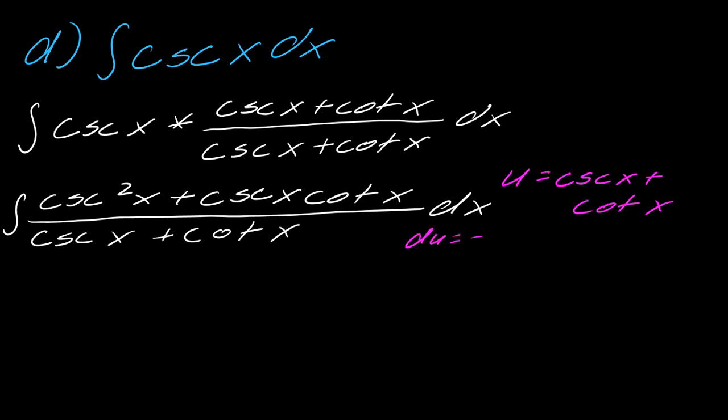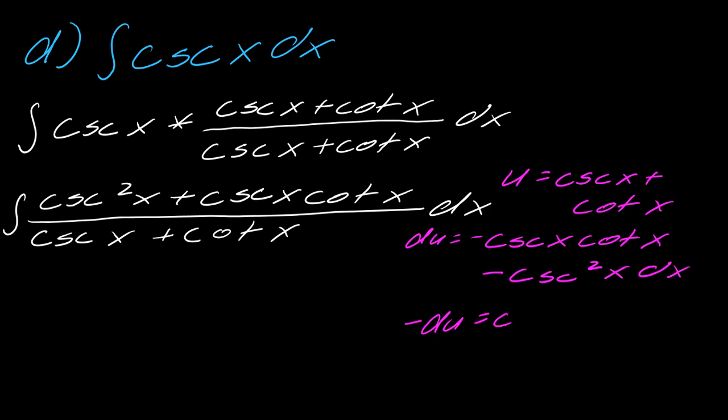So du is negative cosecant x cotangent x, and then the derivative of cotangent is negative cosecant squared x. So what that means is my du will now have to have a negative in front of it. So negative du equals cosecant x cotangent x plus cosecant squared x dx.